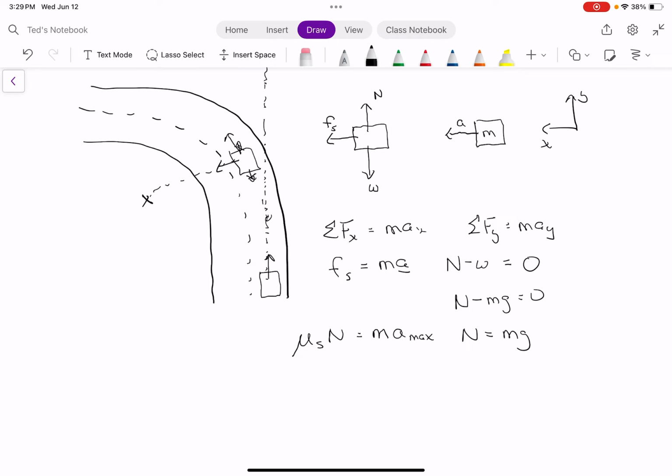If we want the maximum possible acceleration, we need the maximum possible friction force. Okay, and we know that normal force is mg, so mu s mg is equal to ma.